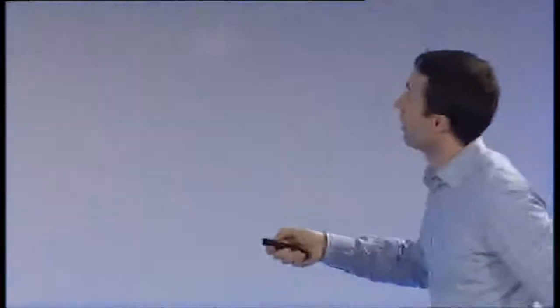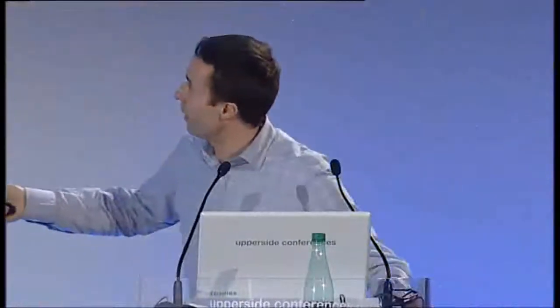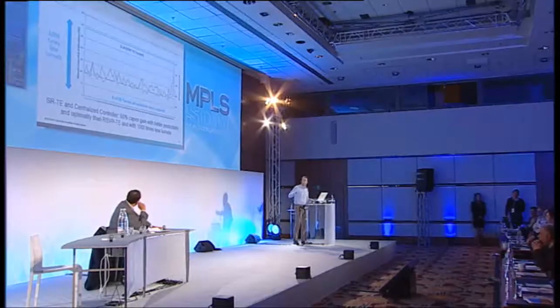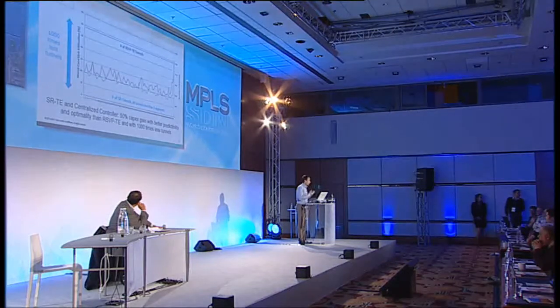So for example, if link number 40, let's say 22, fails here, if I don't have segment routing and I just have ISIS, my network will go to 150% link utilization. Congestion will occur. I'll have a problem from an SLA viewpoint.